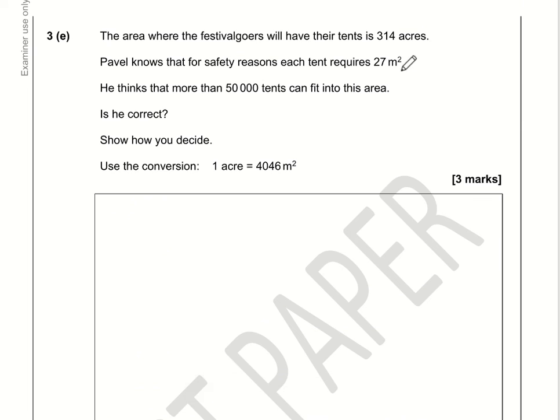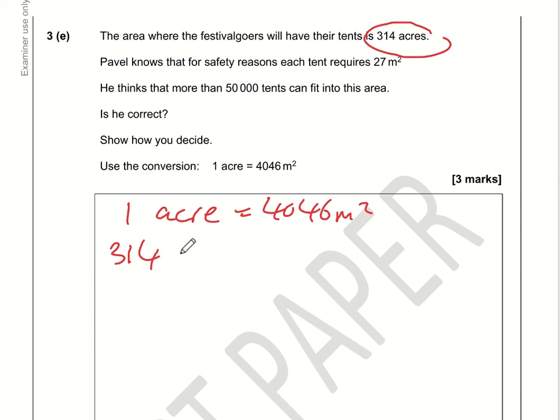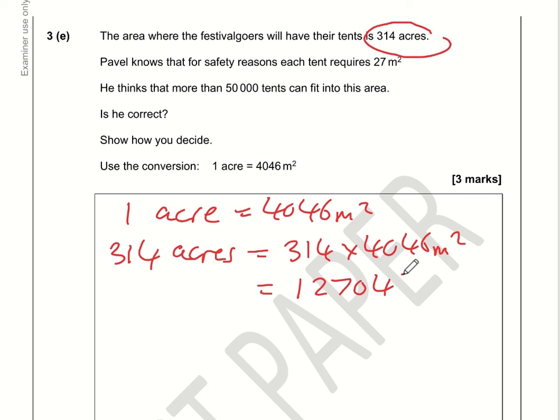Okay, so we know in this question that the area where they're putting their tents is 314 acres. So if 1 acre is 4046 square metres, then 314 acres is going to be 314 times 4046 square metres, and that comes to 1270444 square metres.